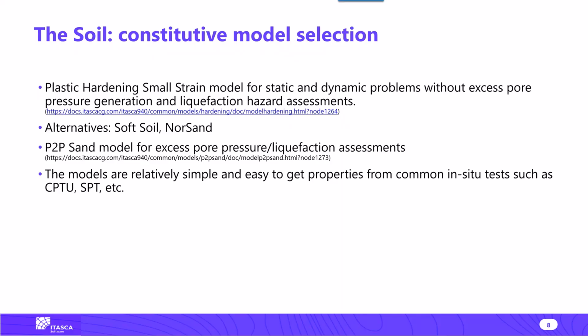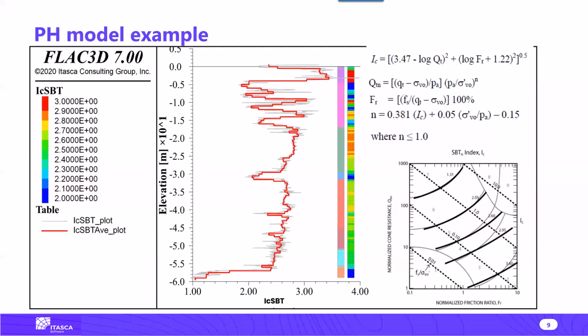There are other alternatives like soft soil and Norsand, but they are less common. P2P for dynamic analysis, and again, properties are, as we will see later on, determined from CPT tests most of the time. So this provides a framework for how to determine the soil mechanic characteristics using CPTs.